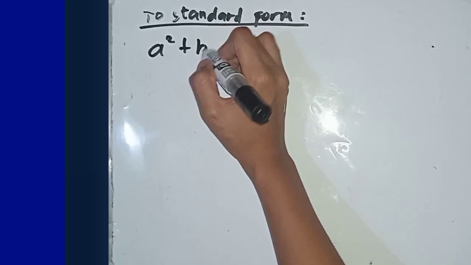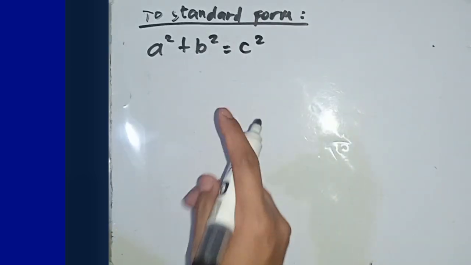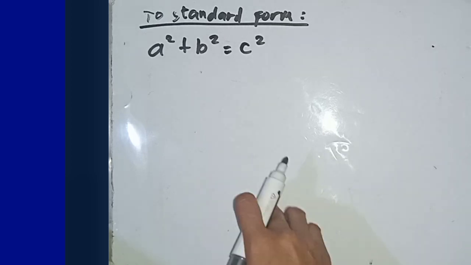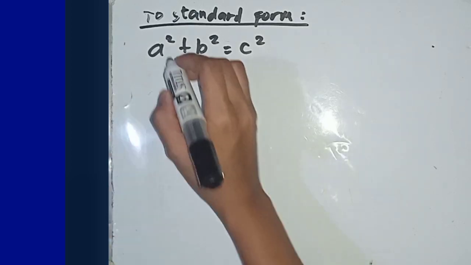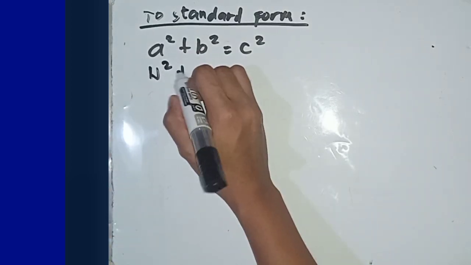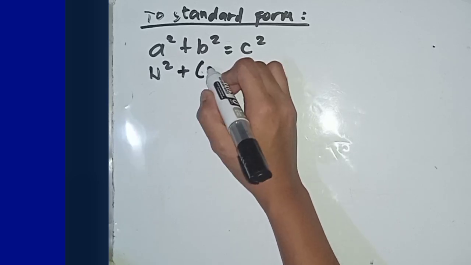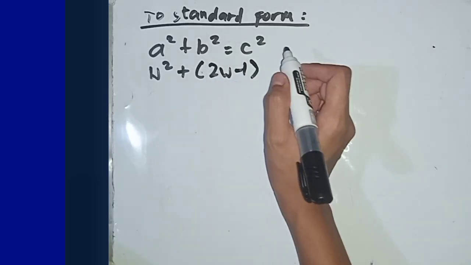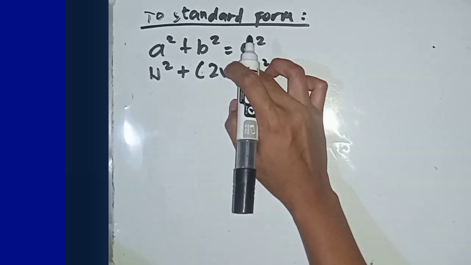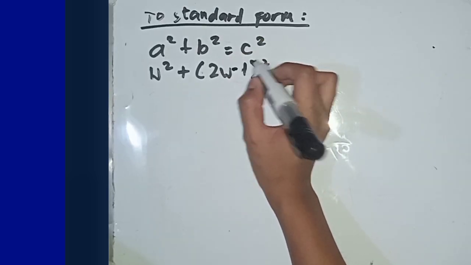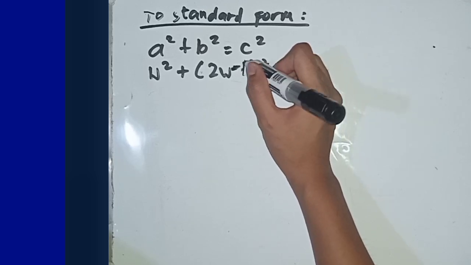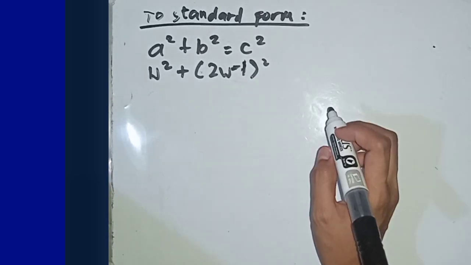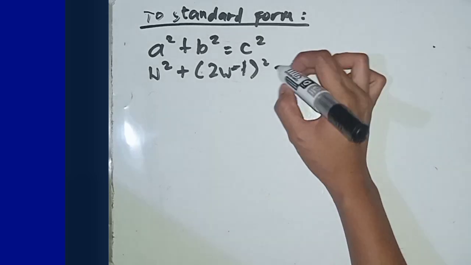Okay, so we will be using the Pythagorean theorem, a squared plus b squared is equal to c squared. So a now would be w squared plus 2w minus 1 squared, is equal to, yes, the dimension.